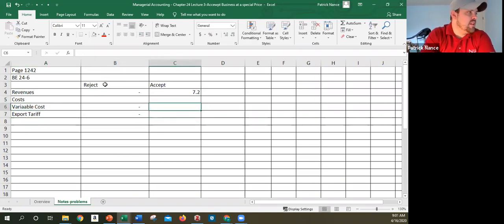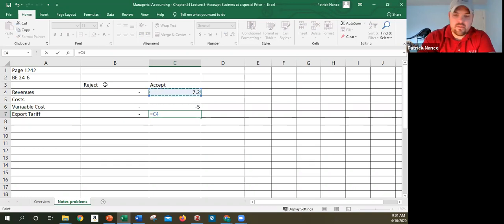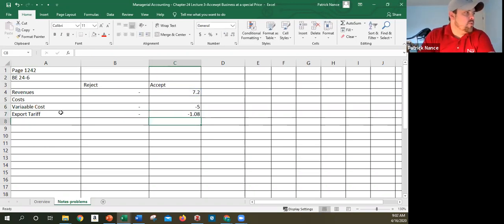So really everything here is all about the accept. So I have the variable cost of $5 per unit and the tariff, which is 15% of the revenues. So 7.2 times negative 0.15, just to make it a negative number, gives me 1.08.